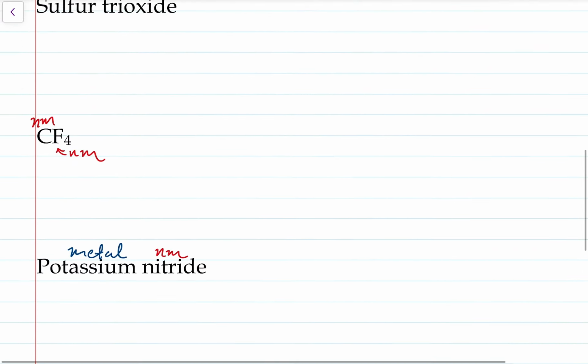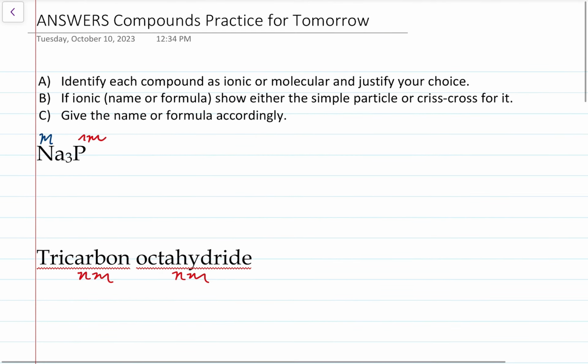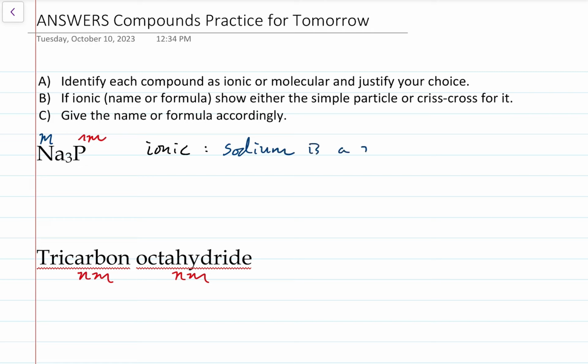Okay, so now we can go through what kind of compounds we have here. Well, this is ionic because you've got sodium as a metal. And phosphorus is a nonmetal.